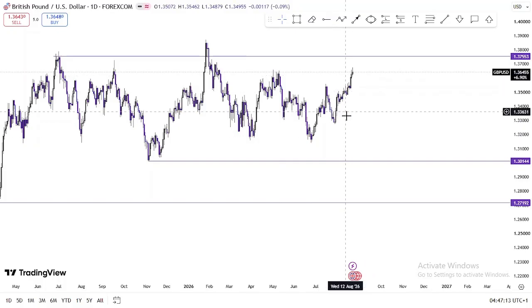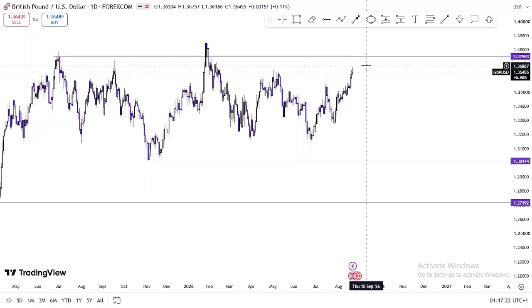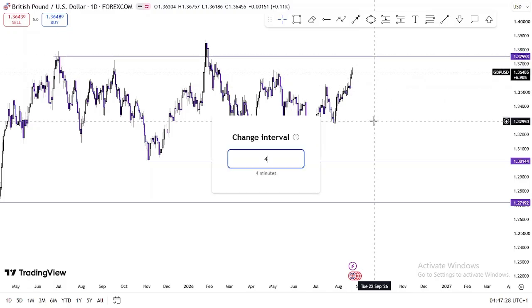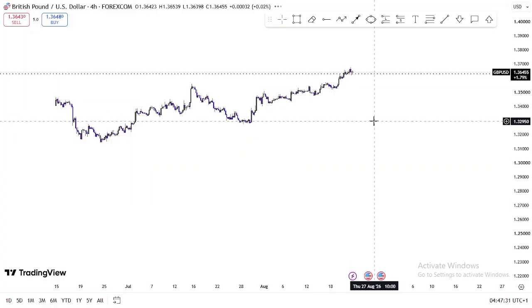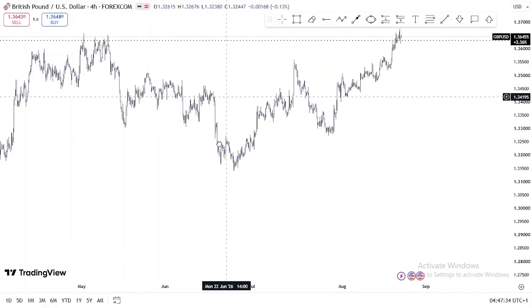So with that in mind, on the daily we're seeing signs of bullish trend. So we should be expecting that strength will take us back to 37.55s around here.